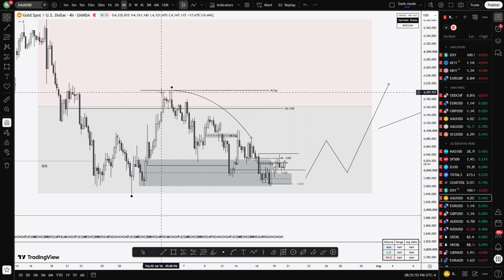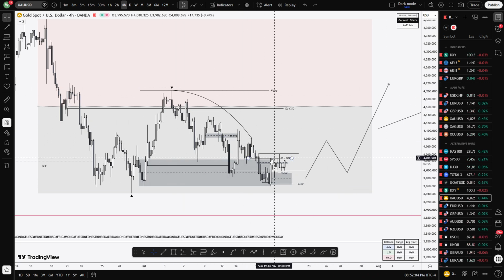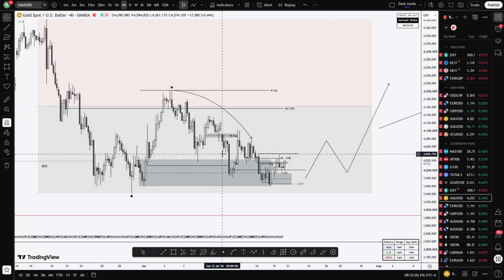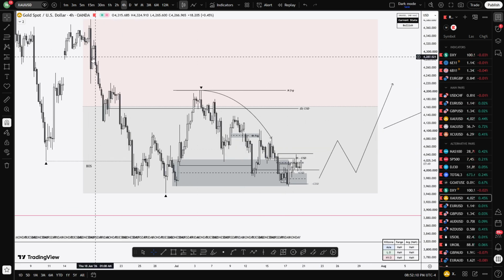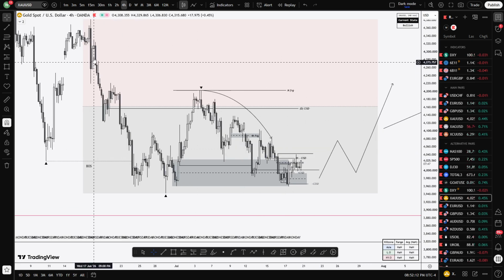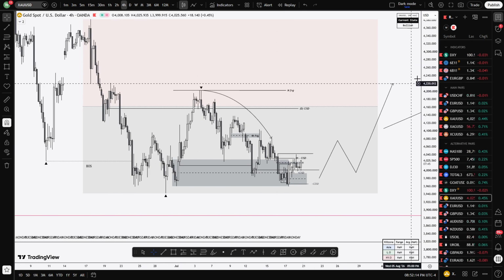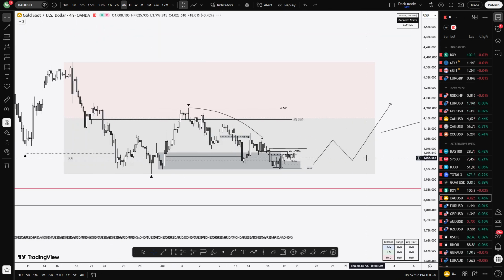They are all liquidity. Price is just setting this up and it's a trap. It's a trap. We could come all the way to this top to mitigate this to then continue lower, right?